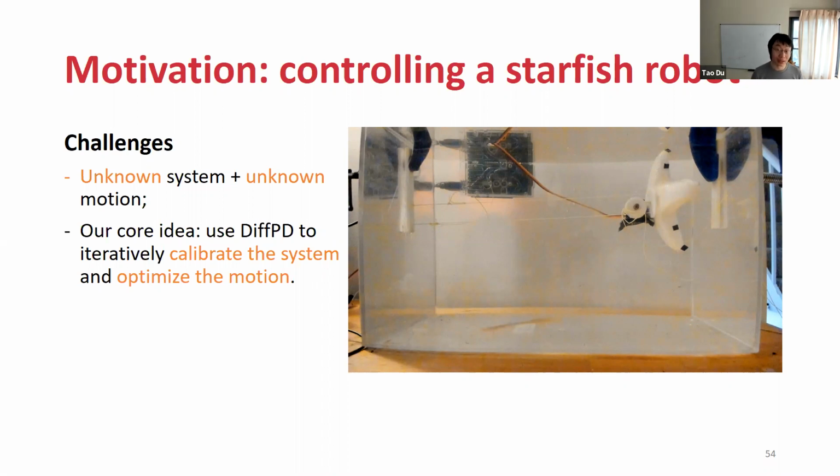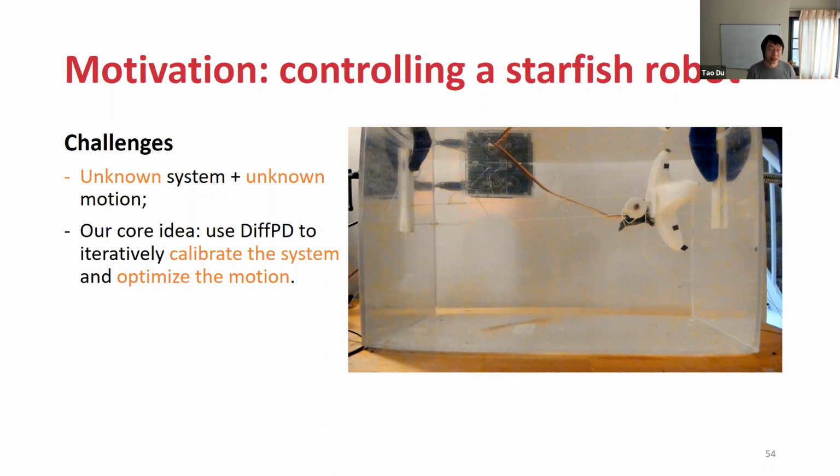The system has unknown parameters, not only from the soft robot itself, but also from the fluid-solid interaction, or the hydrodynamic model. The second sub-problem is that we are also trying to solve for the unknown motion. Although this is what we really care about, solving the unknown motion is deeply coupled with identifying the dynamic model for the robotic system.